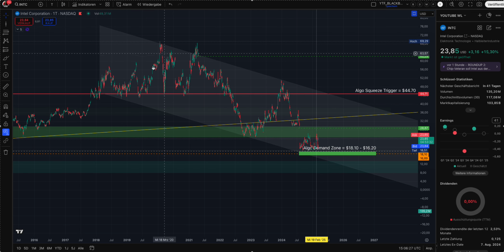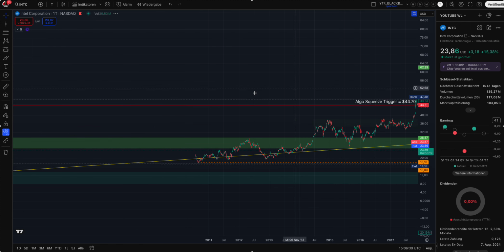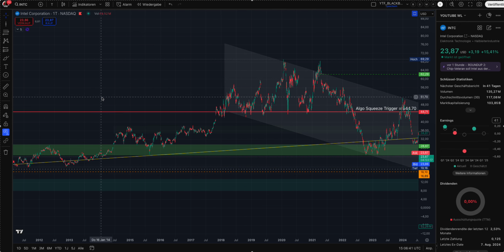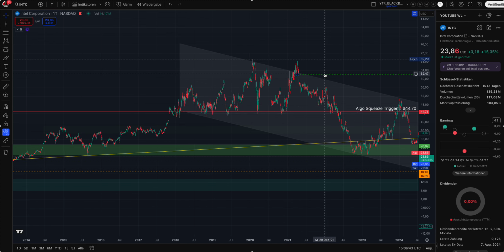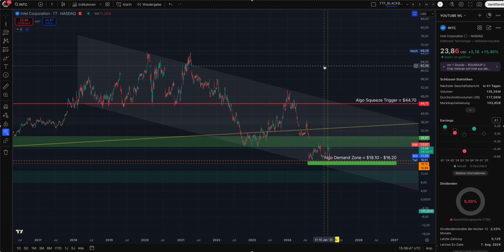And overall, since we had the peak at $69, we are trading in this trend channel pattern, which is accumulating the price. So this is what we want to see for Intel. That was, by the way, the all-time high, $69, and we can see that also here at $62 there is one very big open gap which has not been filled yet.